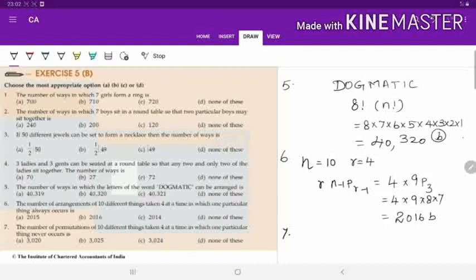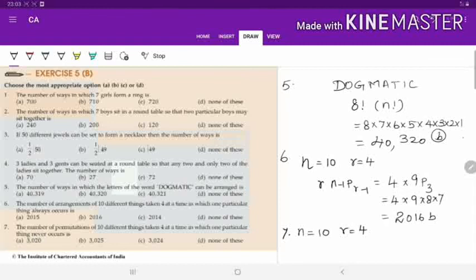Seventh question. The number of permutations of 10 different things taken 4 at a time in which one particular thing never occurs is. This is a slightly different question from the sixth one. In the sixth one, a thing always occurs, and here a thing never occurs.